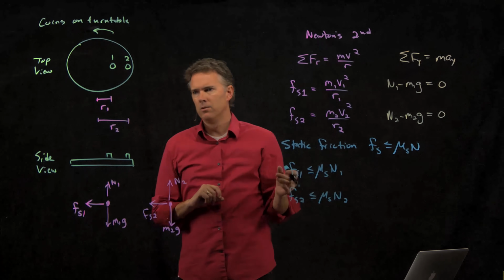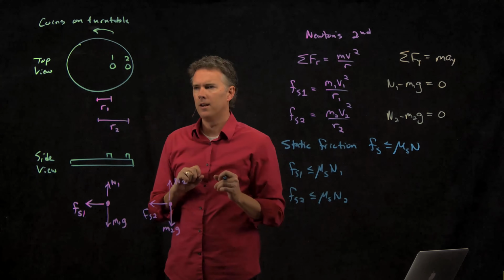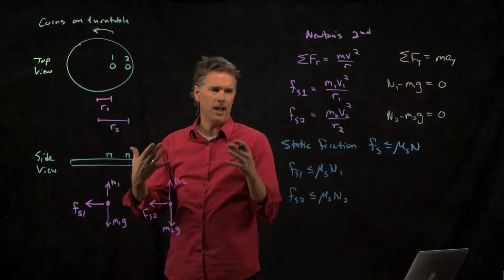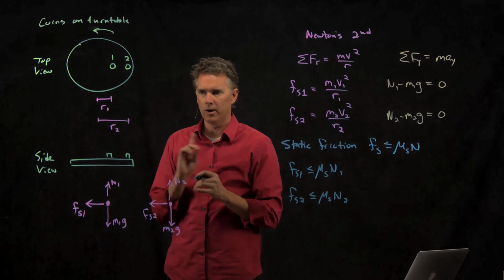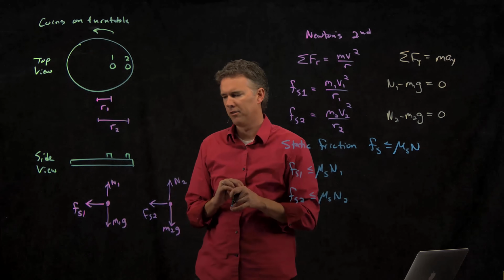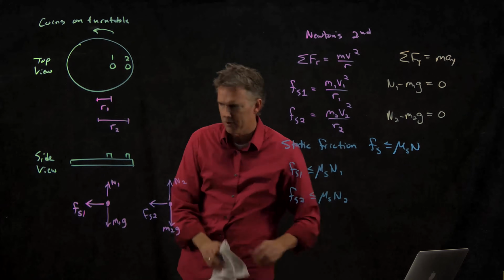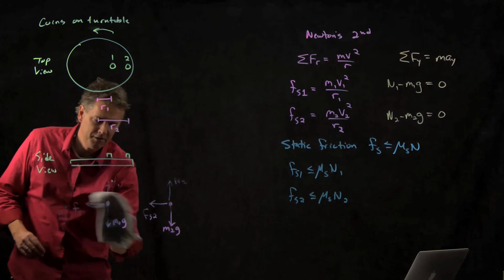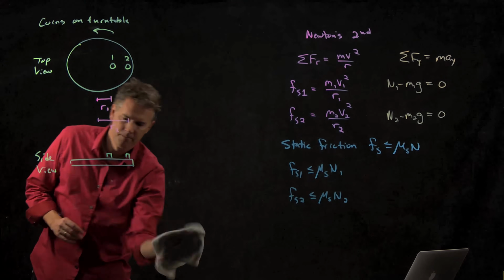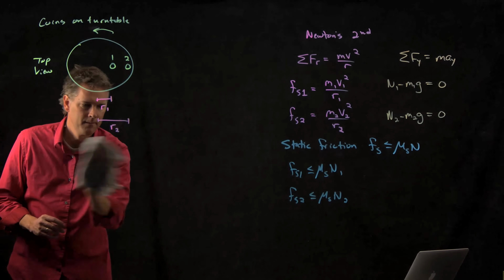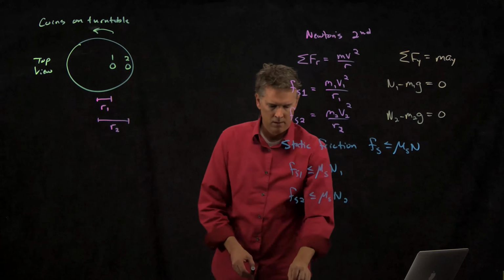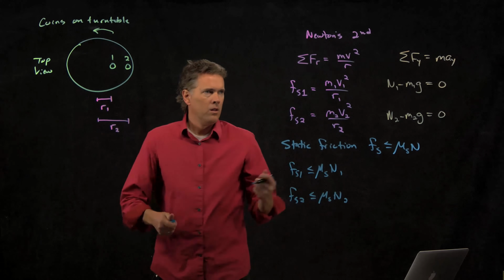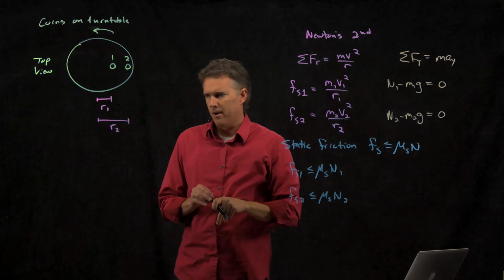But let's go back to our original question, and let's see if there's maybe a more straightforward way to get to the answer that we were looking for, that coin 2 flies off first. And to do that, let's go back to this idea of centripetal acceleration. Centripetal acceleration is right there, right?